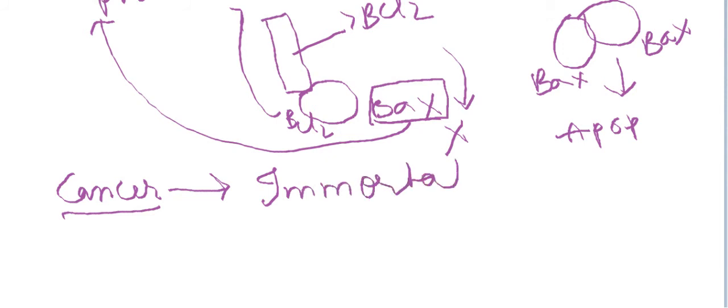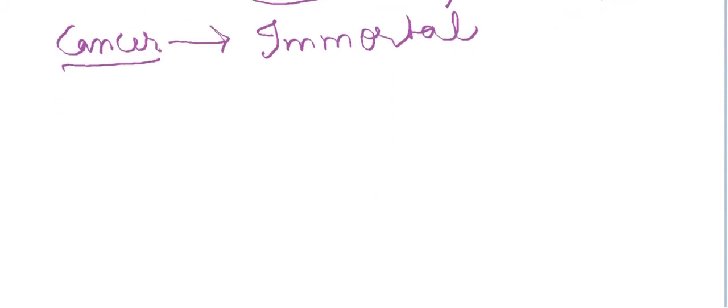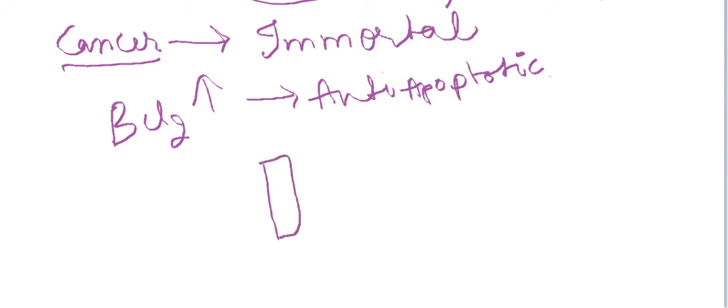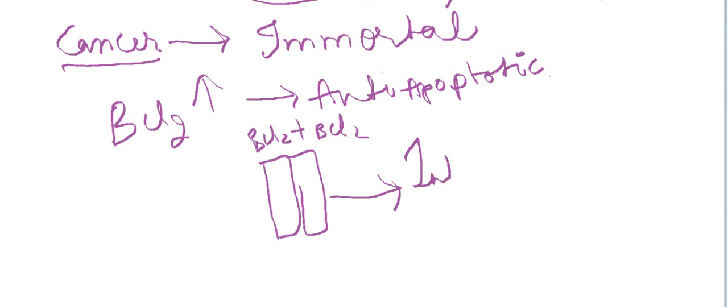Why? Because they do not die. So in cancer cells there is high expression of BCL2 proteins because they are anti-apoptotic proteins. Basically cancer cells do not require apoptosis because they are immortal. So BCL2 proteins are overexpressed and two BCL2 proteins will form homodimers and inhibit apoptosis.